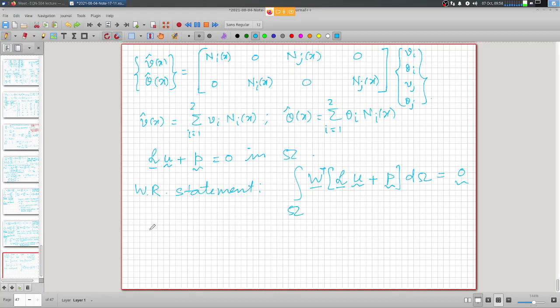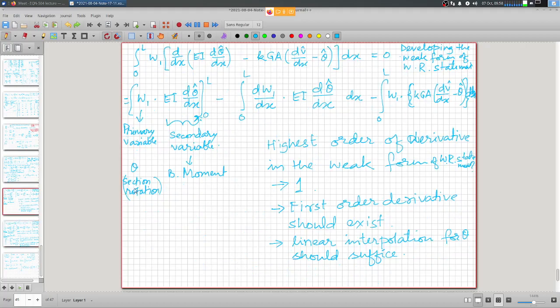Eventually, what we will have here are these boundary terms. If we choose N1, it will evaluate to 0 at node j and to unity at node i.